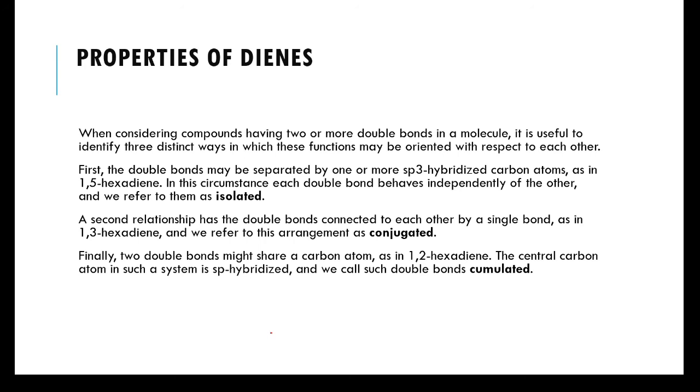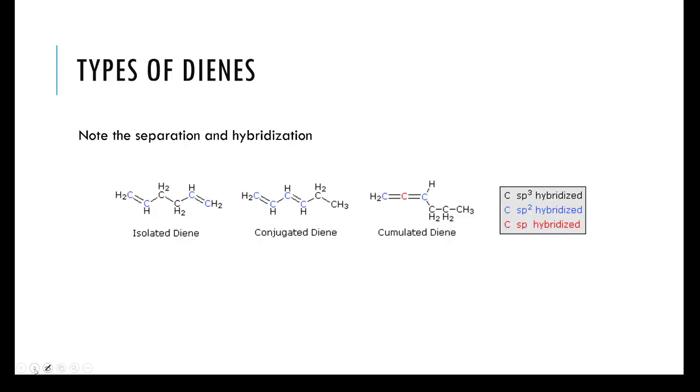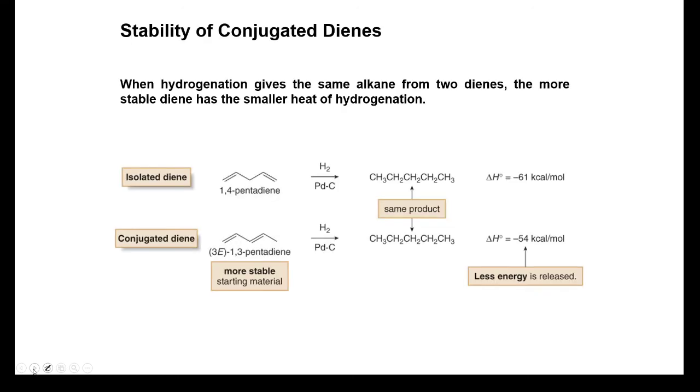And the more resonance I have, the more stable I am. Here they're talking about our differences in hybridization with these. But again, like I said, the more resonance I can have, the better.